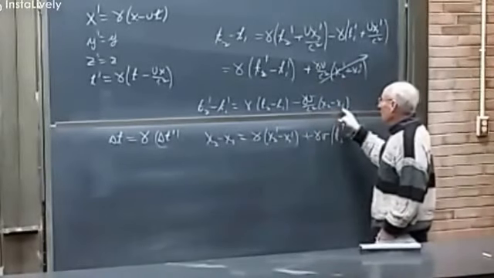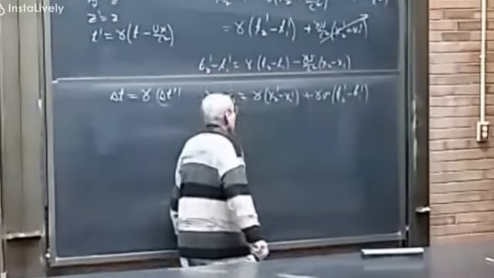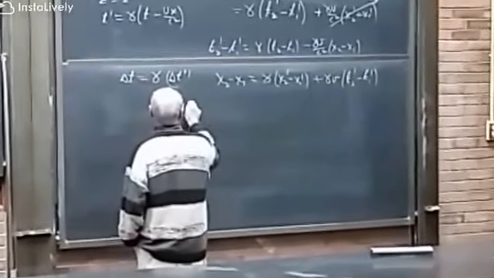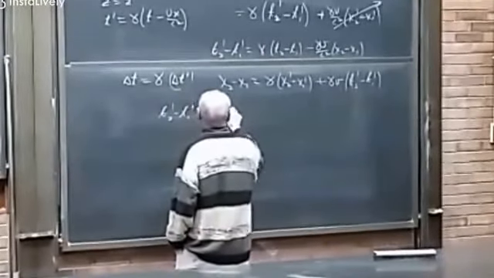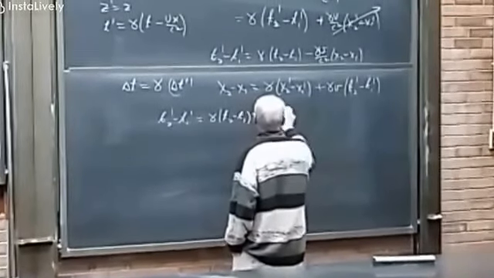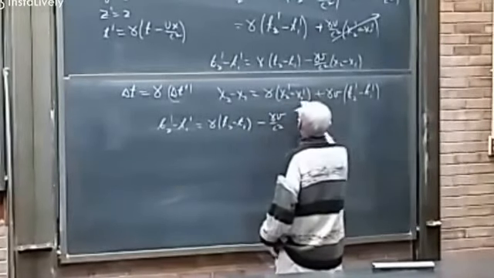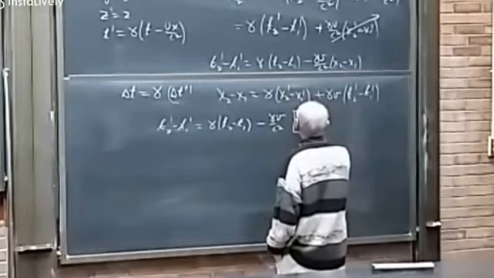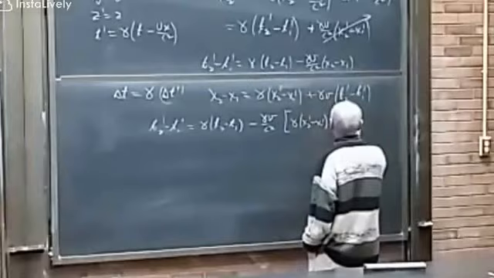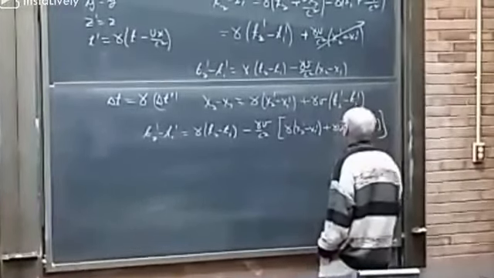And now, if I stick this in here, then what I get is t2 prime minus t1 prime, gamma (t2 minus t1) minus gamma v over c squared times, I put in this, gamma (x2 prime minus x1 prime) plus gamma v (t2 prime minus t1 prime).